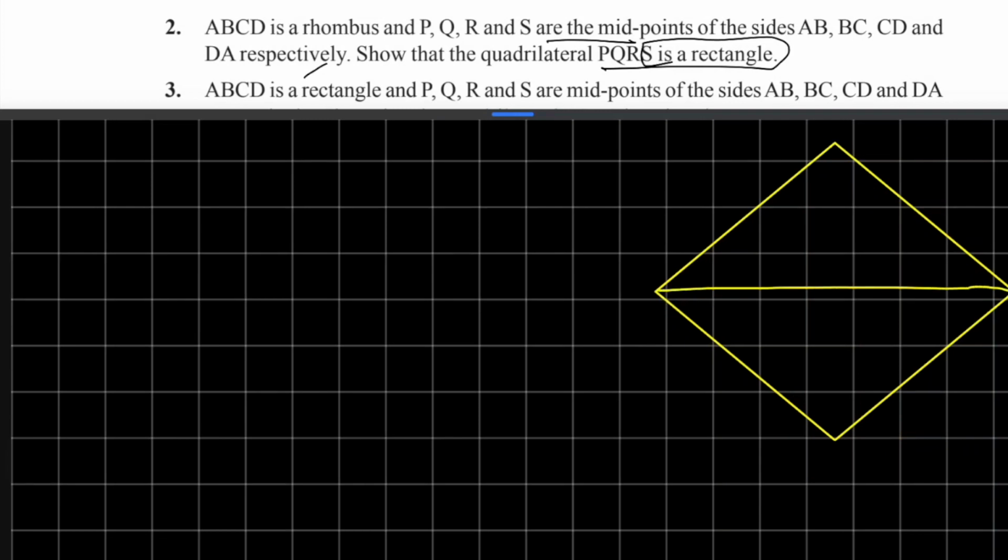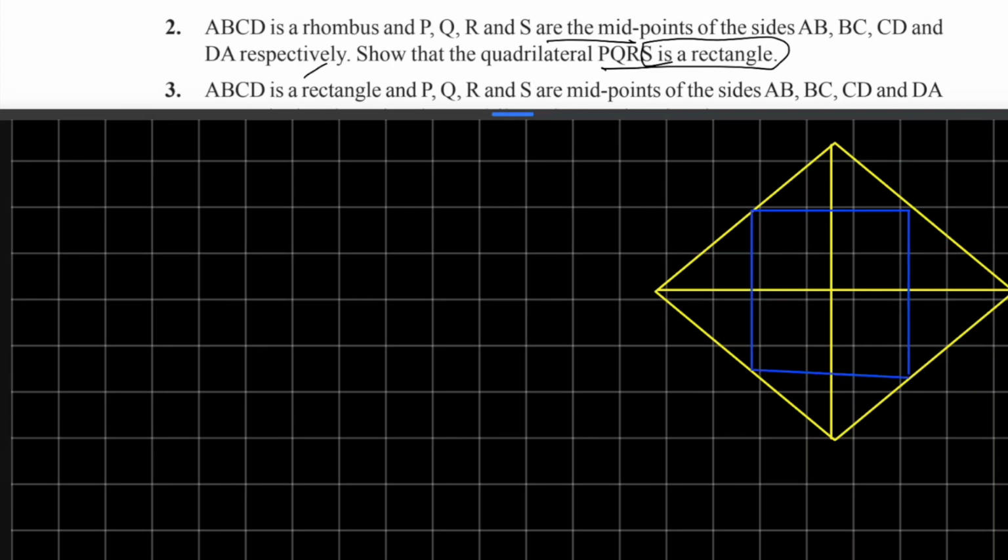Let's make the figure first and let me draw it. The rhombus, and we have to complete the construction first. I just want to change the color so that you can see.